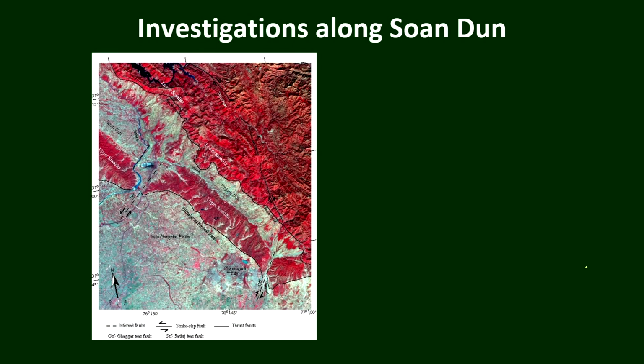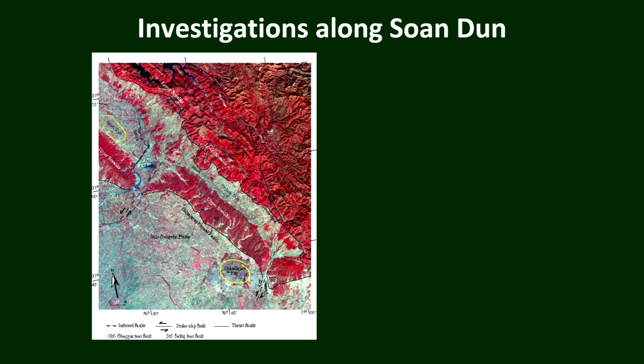Okay. So this is an example which I would like to share with you, from when we were working in Sondun. Sondun is an area which is located in Punjab, basically the Punjab Himachal region, and you need to travel further northwest of Chandigarh, then you will reach the Sondun area.